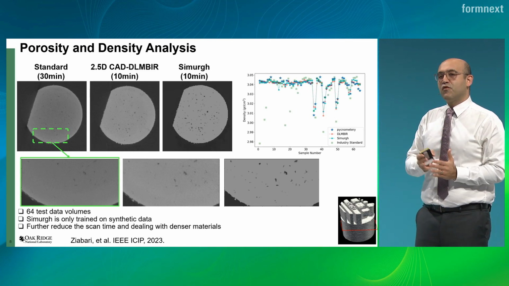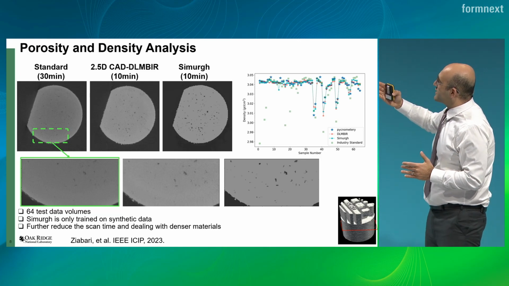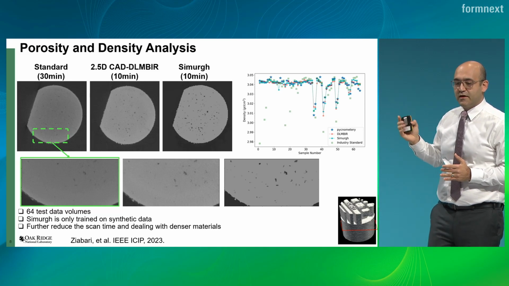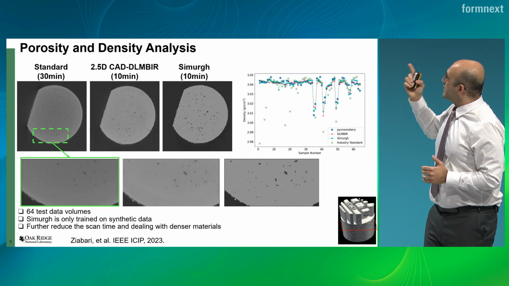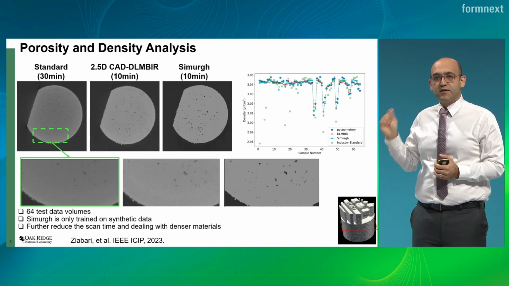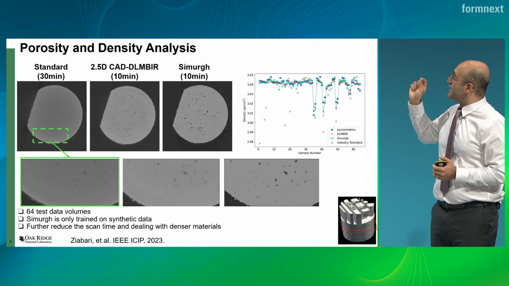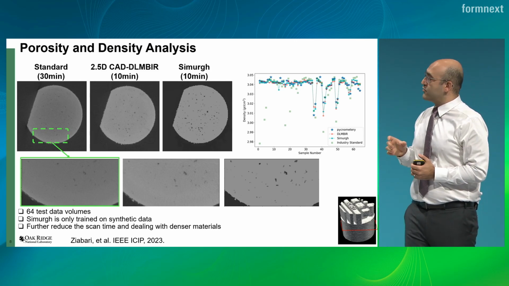That may not be enough. We looked at 64 different samples. We characterized them individually, and then we looked at the density extracted as a function of sample number. Here, we did pycnometry. The stars are the density extracted from pycnometry. The circles that you see, red and cyan, are what we get from our algorithm.